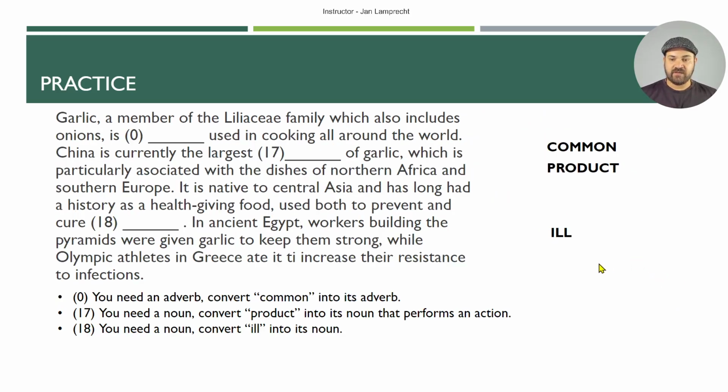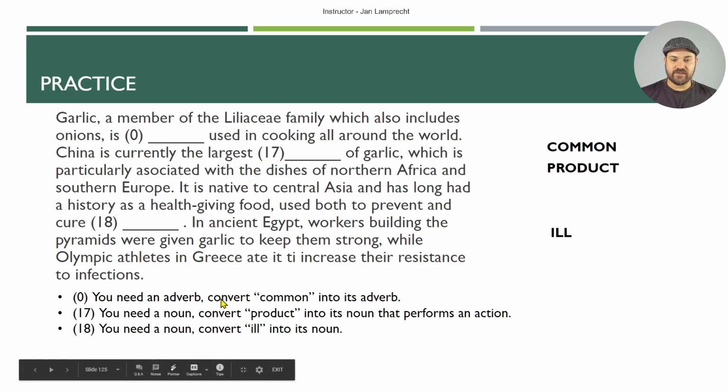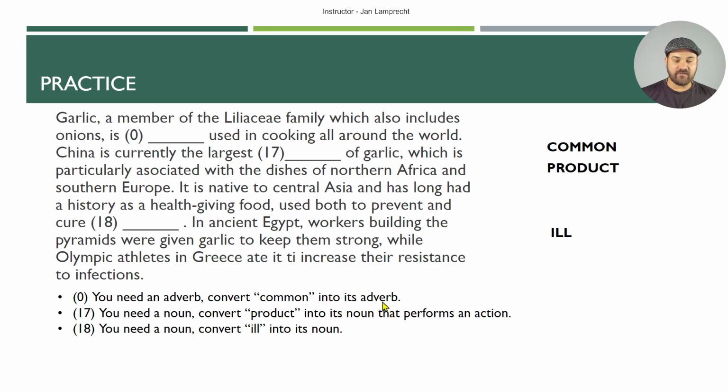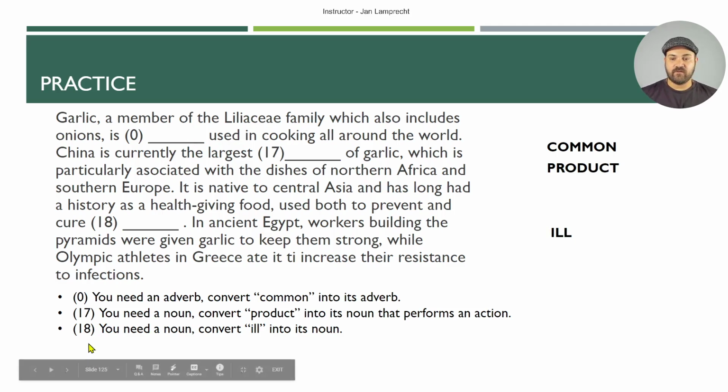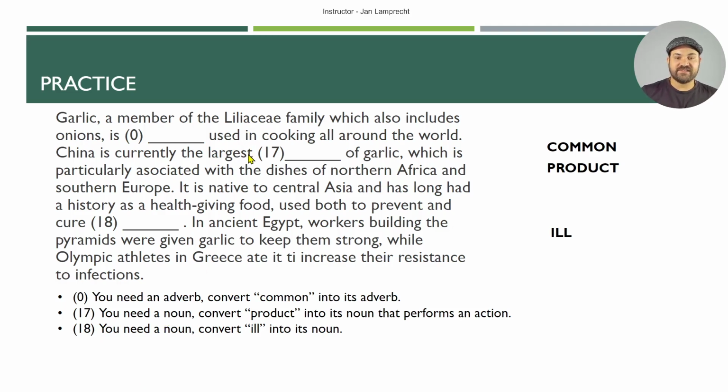Okay, so now for zero, obviously, you need an adverb. So you convert common into its adverb, commonly. You add the suffix ly and you have the adverb. Commonly would be correct there. We know it's an example. For 17, you need a noun, the largest something of garlic.